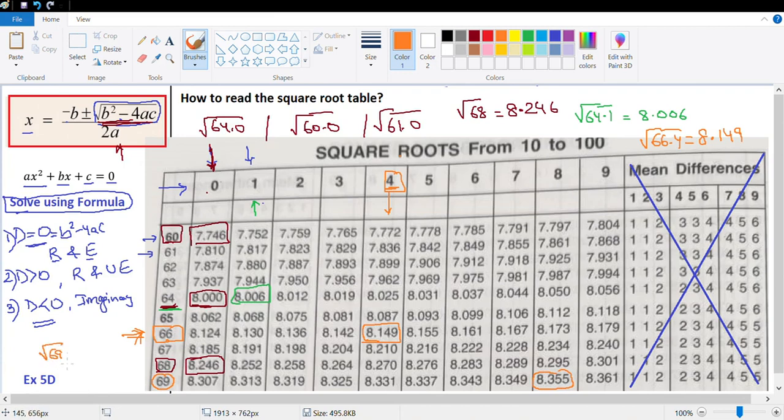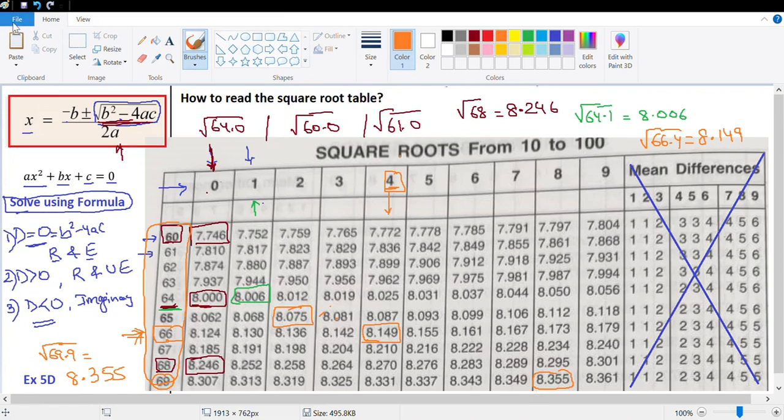So the root of 69.9 is equal to 8.355. The numbers given in the first column are the whole numbers, and the numbers given in the first row are the numbers after the decimal. So if you want to look at 65.2, the answer will be 8.075. That's the square root of 65.2.